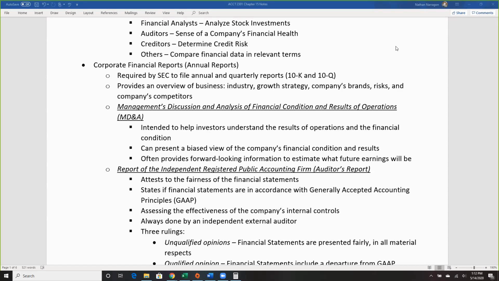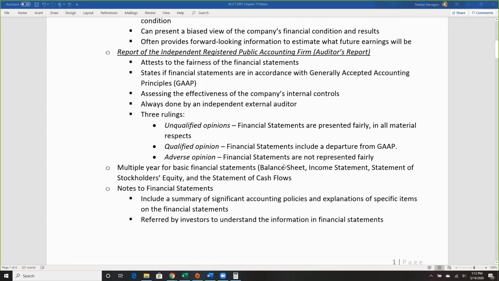Okay. So in this report, they file one of three opinions. One is known as an unqualified opinion, which basically means everything is good in all material aspects. It's presented fairly, and everybody can understand it. A qualified opinion means the financial statements are almost there, but they include a departure from GAAP, which of course the auditor will take note of.